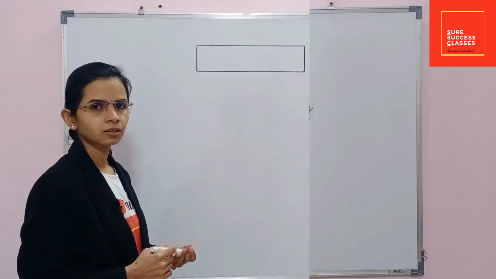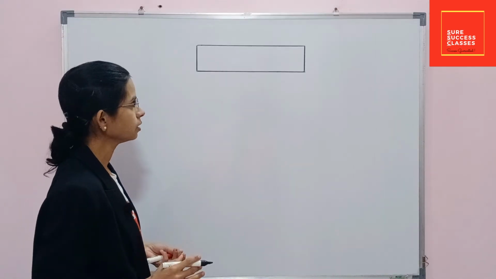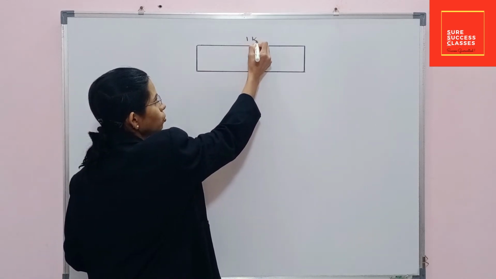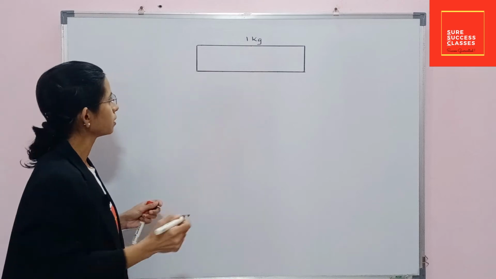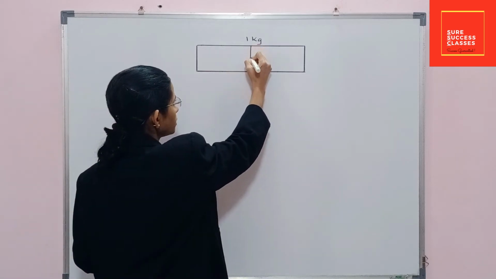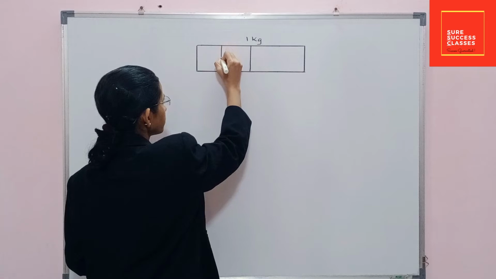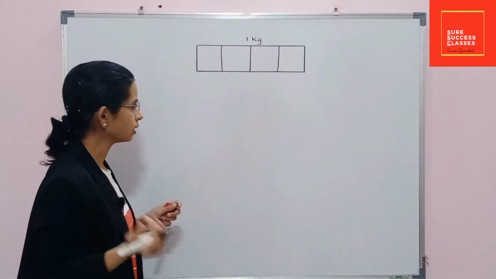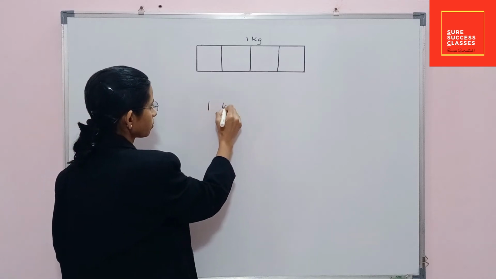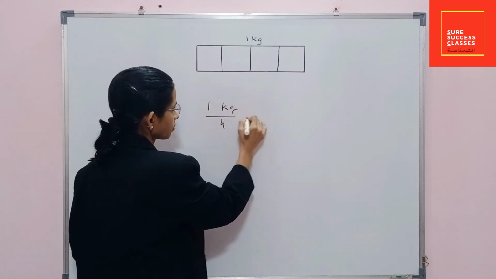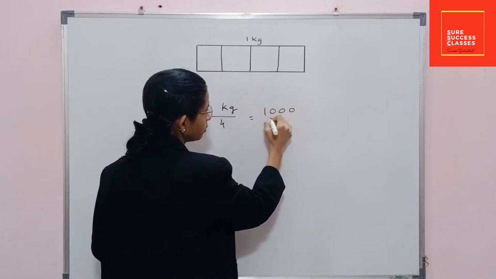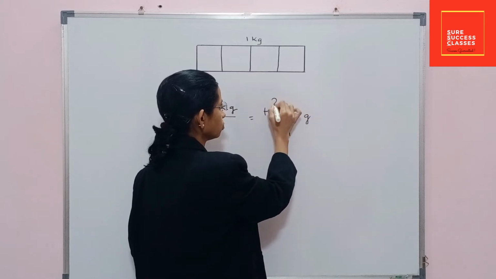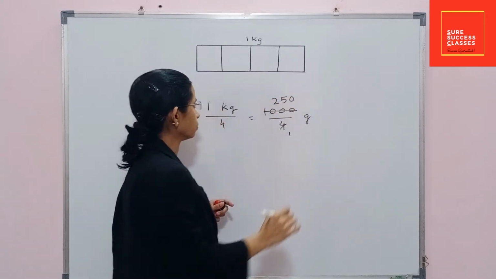Students, here if we divide this 1 kilogram chocolate into 4 equal parts, then each part will be of 1000 divided by 4 grams. Here we'll get 2, 5 and 0.